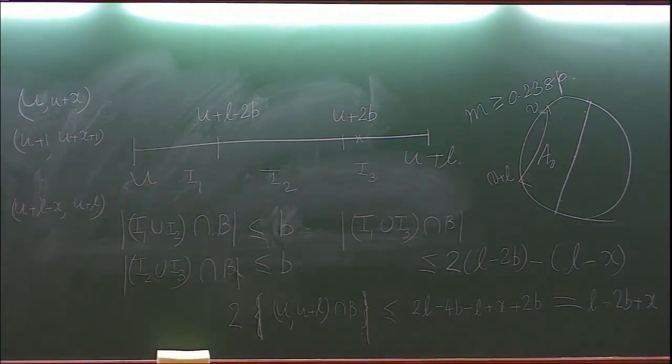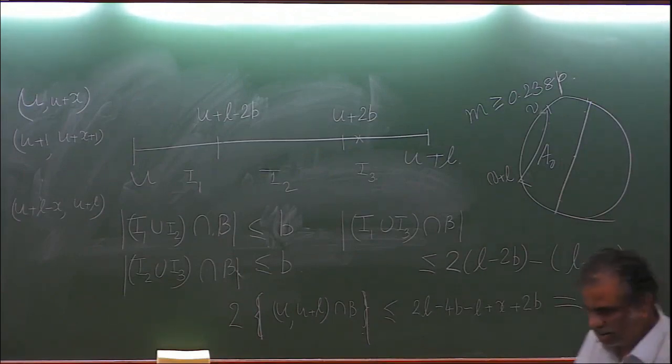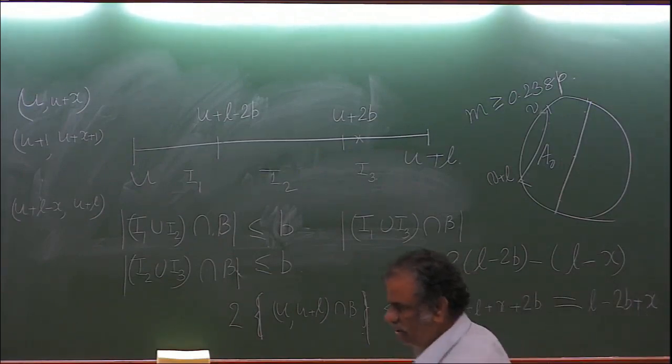What do I want to say? I want to say that this is less than L so that the density is less than half. But I'm getting bigger than L. Just a minute.